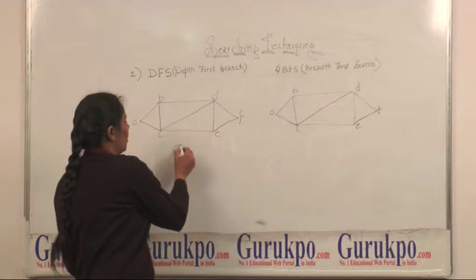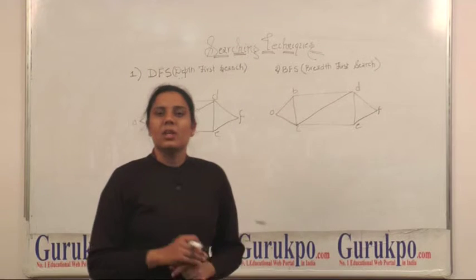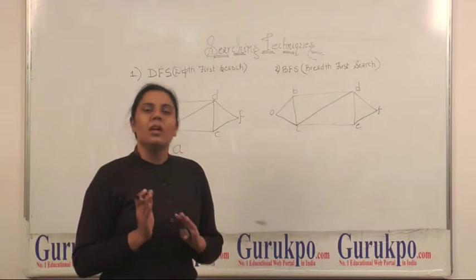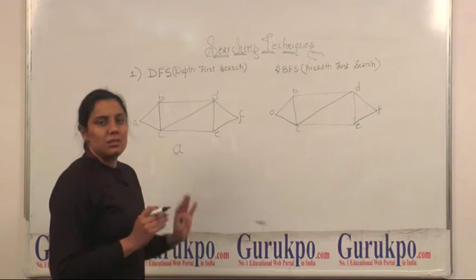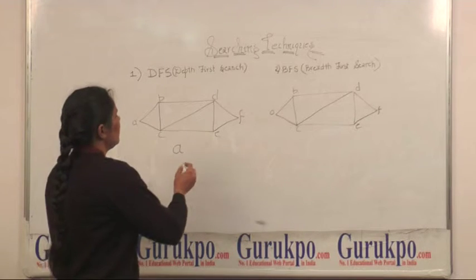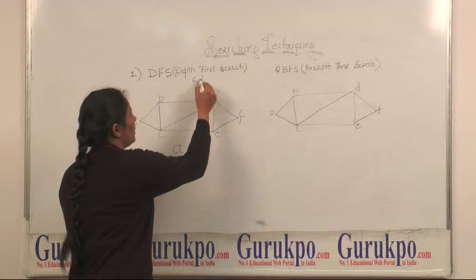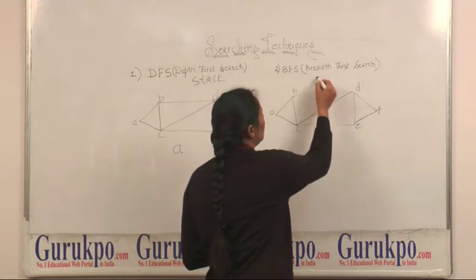Suppose first we explore node A. Then the next step is that we will be removing the nodes and adding the children. From the parents we will be moving towards the children. This DFS is done with a stack and BFS is done with a queue.